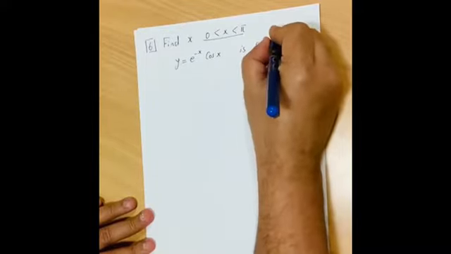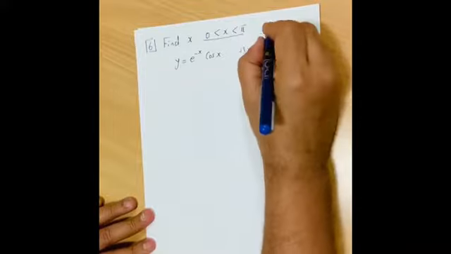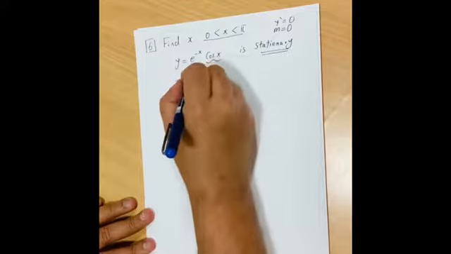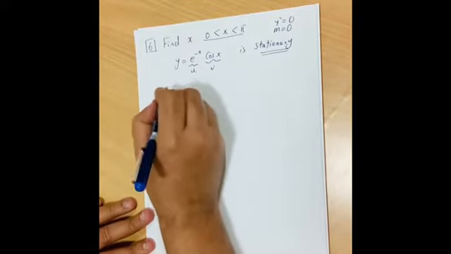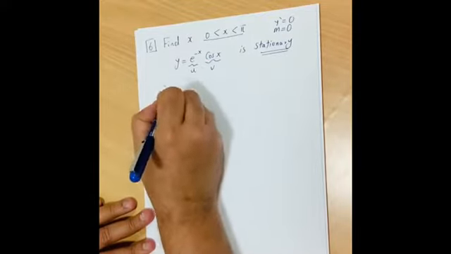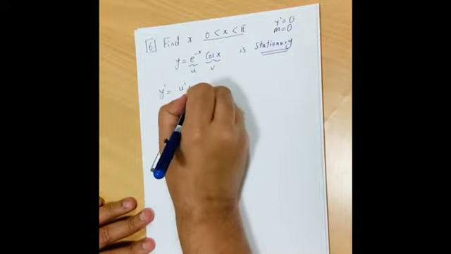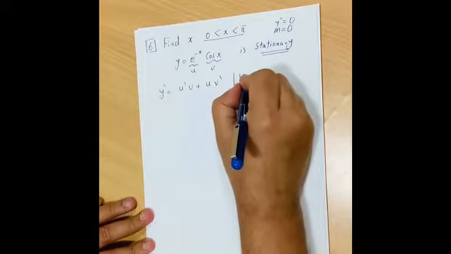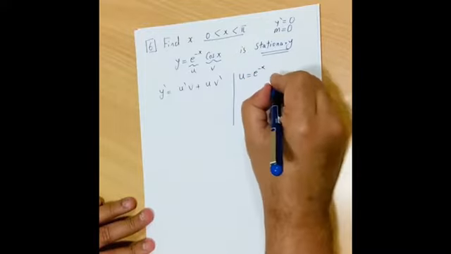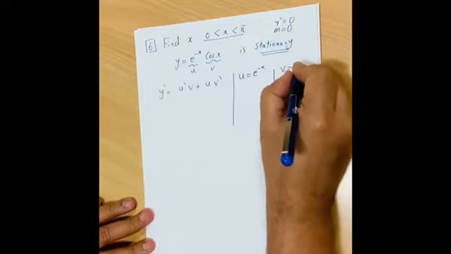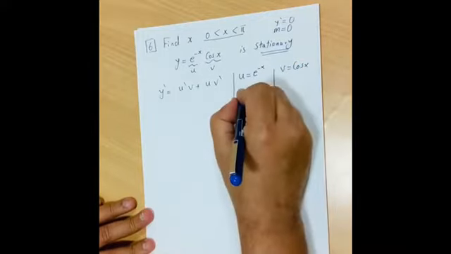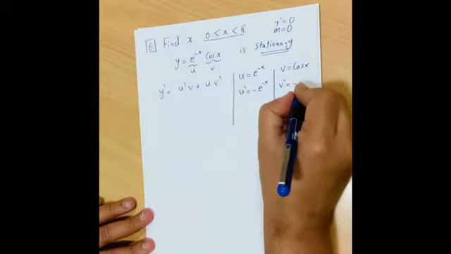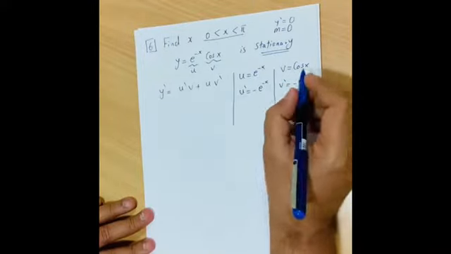So stationary means gradient equal to 0 or y dash equals to 0. Again, product rule, u and v. y dash equals u dash v plus uv dash. u is e power of negative x and v is cosine x. u dash is negative e power of negative x, v dash is negative sine x.